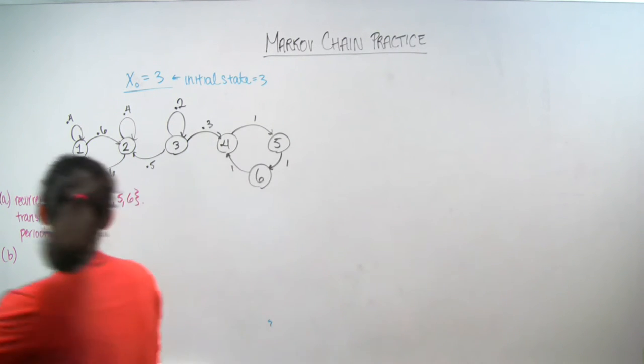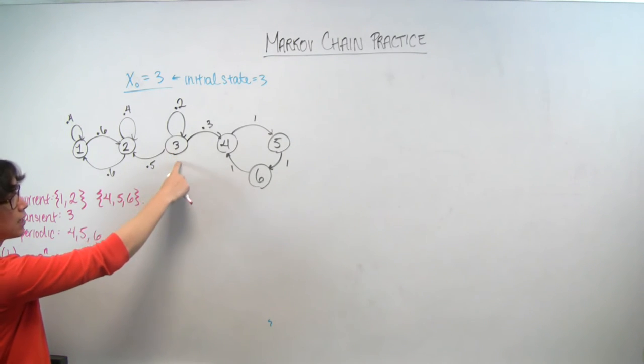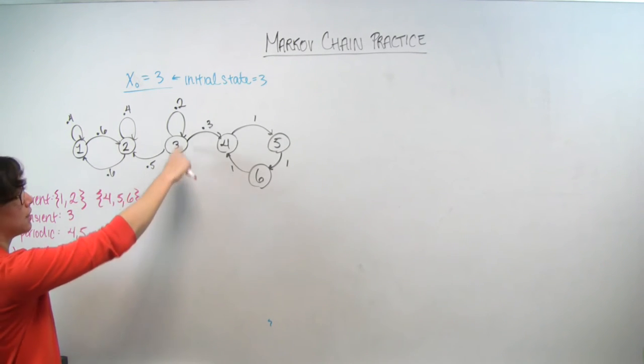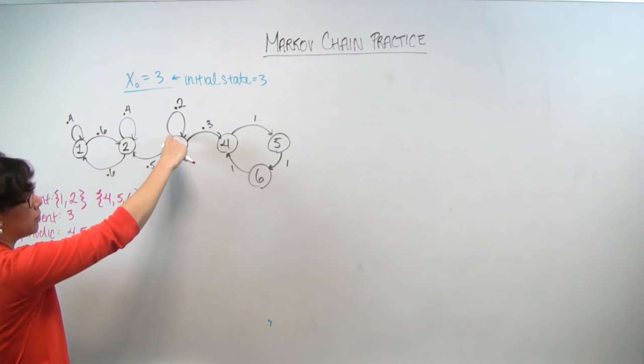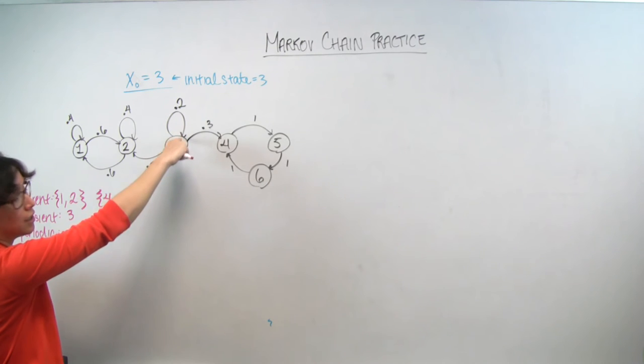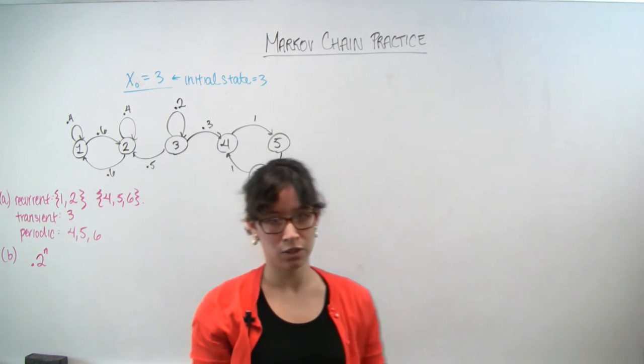So using that reasoning, this probability is simply 0.2 to the n, because we're requiring that on every single time step, the transition that the process takes is this arc. And of course, conditioned on being in state 3, the probability that you take this arc on every time step is 0.2. That's sort of the definition of a Markov chain.